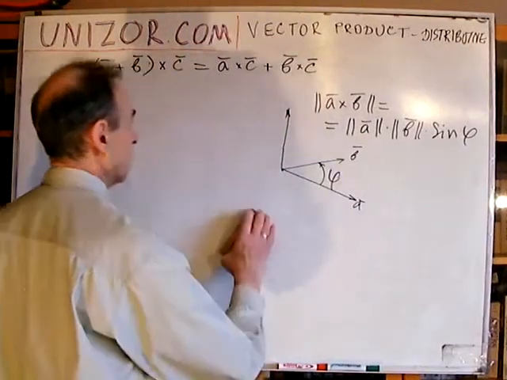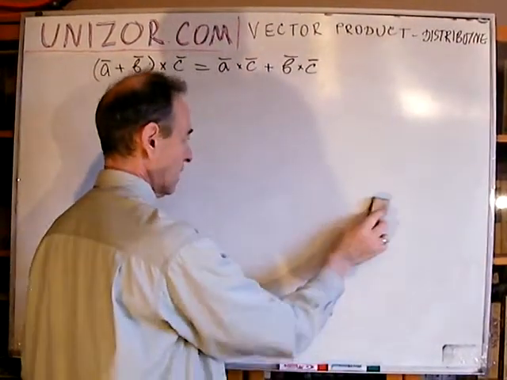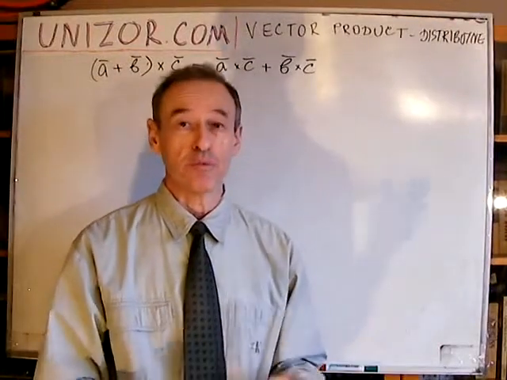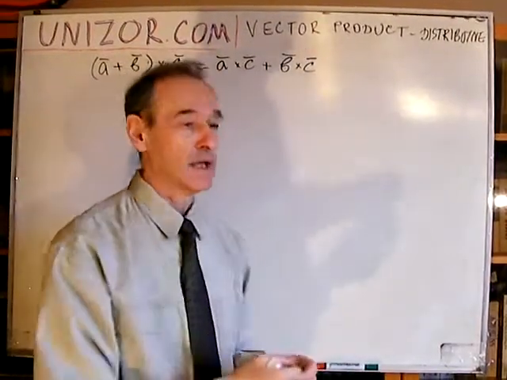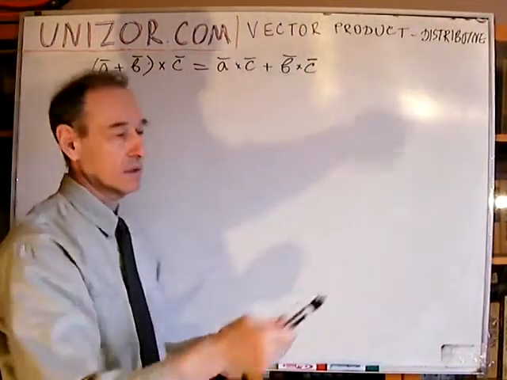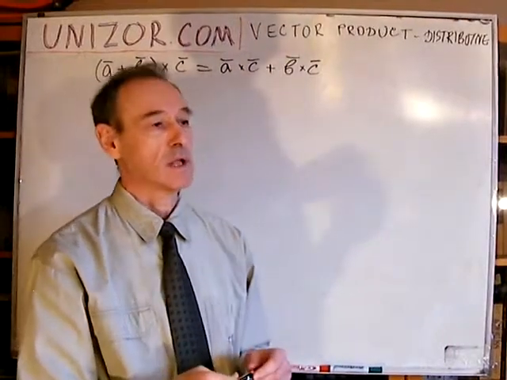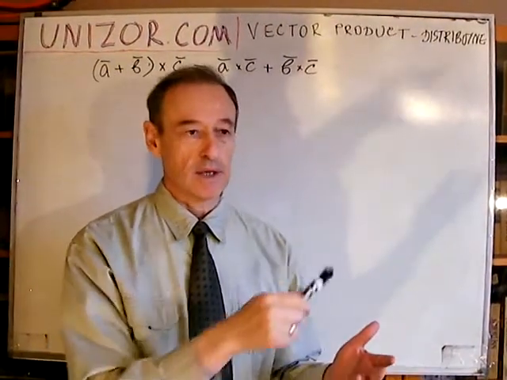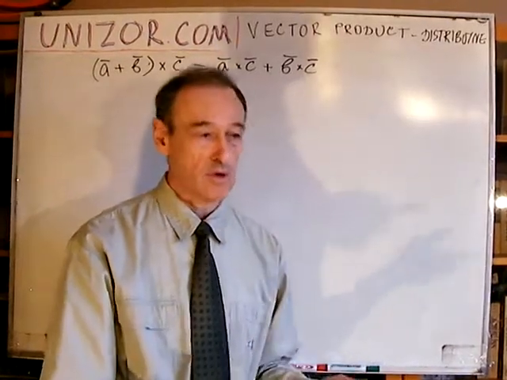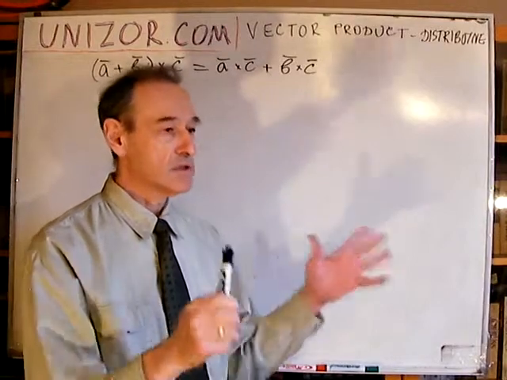When I was trying to prove it for myself, it turned out to be not as trivial as other properties, like the anti-commutative property, that B times A is minus A times B, or the multiplication of a vector by itself equals 0, because the sine of the angle is equal to 0.